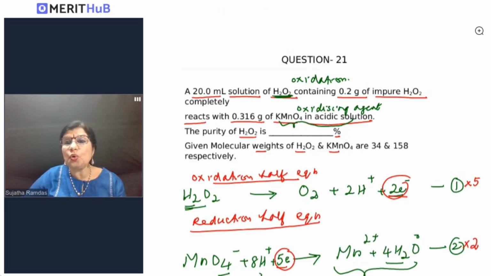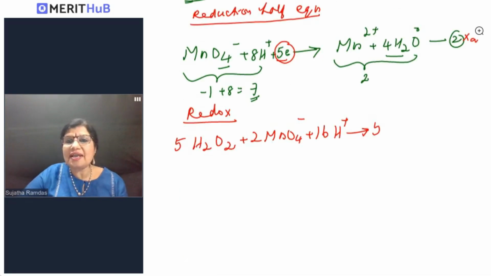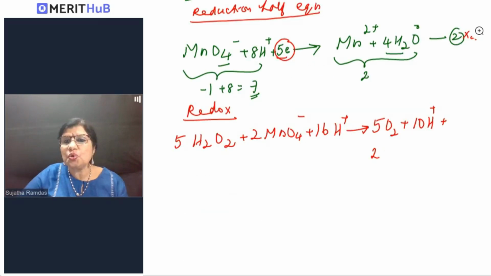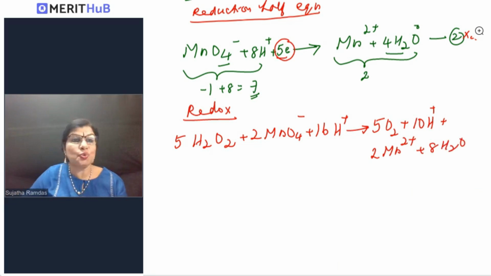We've got O2 into 5, 5O2 and 10H plus. So let's write that. 5O2 plus 10H plus from the first equation, and from the second equation we have 2Mn2 plus and 8H2O. So let's write that also. 2Mn2 plus, 8H2O.